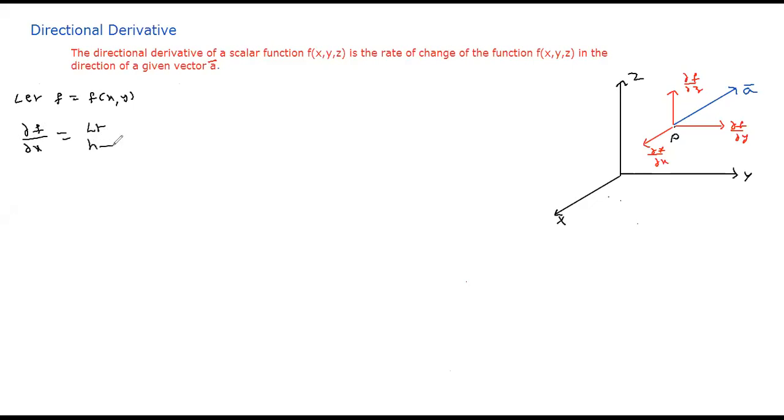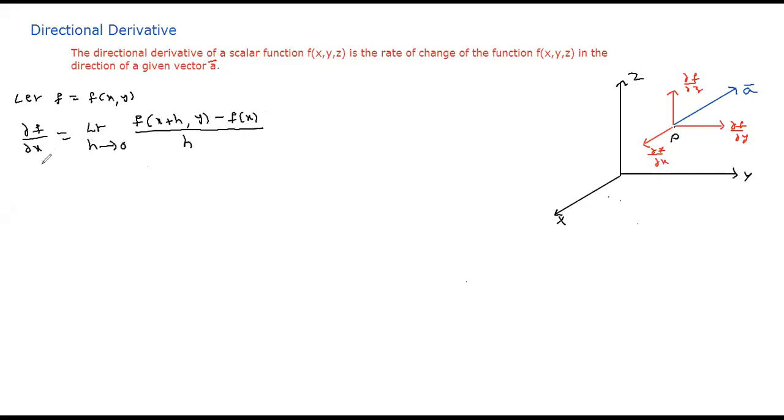Limit h tending to 0, the limit definition of the partial derivative. You are finding the rate of change of the function f in the x direction. That means f of x plus h comma y minus f of x comma y, by h. Do you remember? Yes, sir. So this is the partial derivative with respect to x.